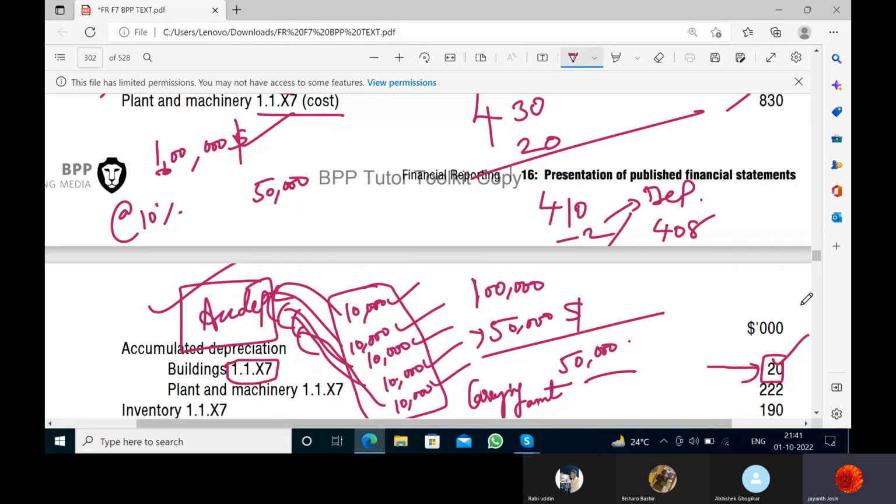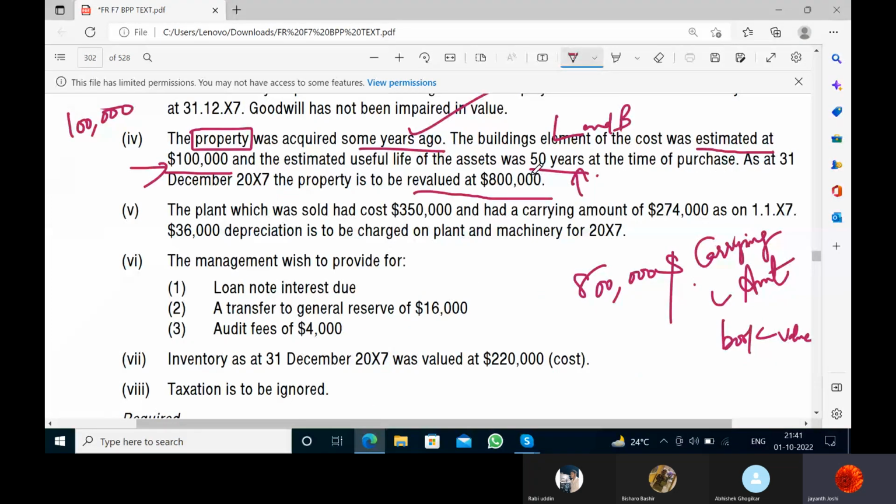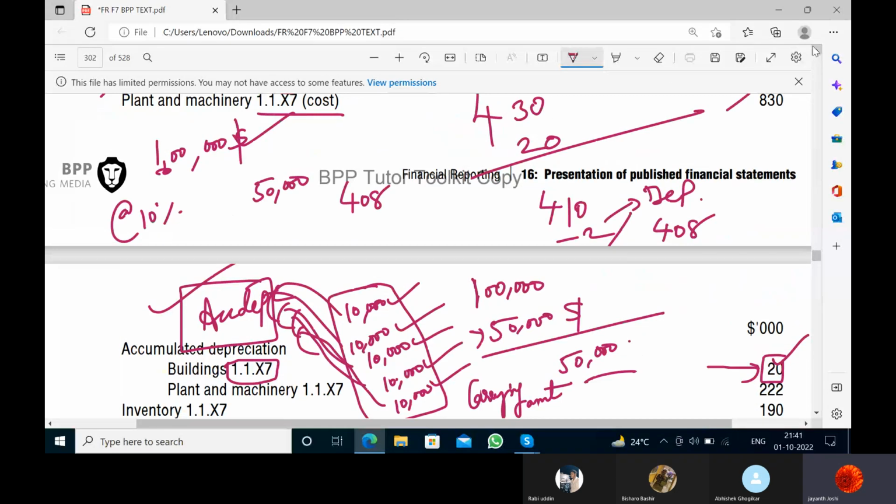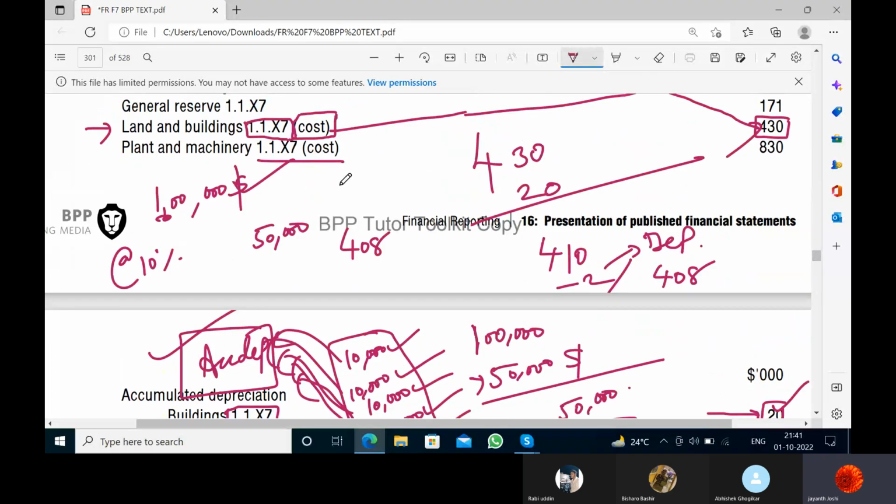Now, can you tell me how much value it is? 408. And this building, which is of value 408, has been revalued. By how much? It has been revalued by 800,000. So now, see what is the difference between this 408 and 800,000. 3 zeros omitted. What is the difference? Come on, tell me. 800 minus 408.